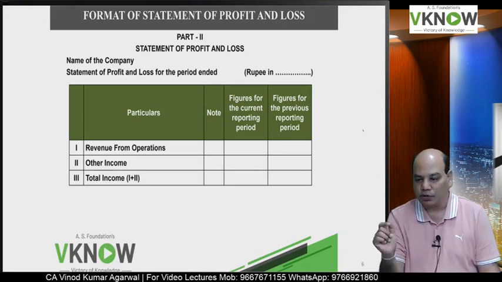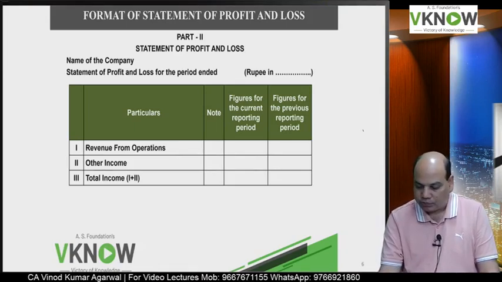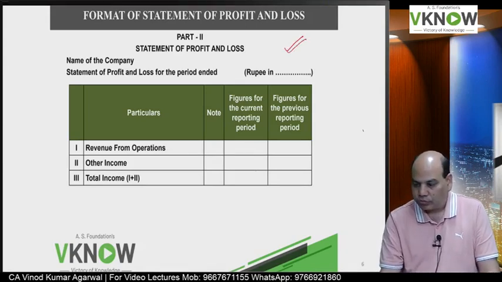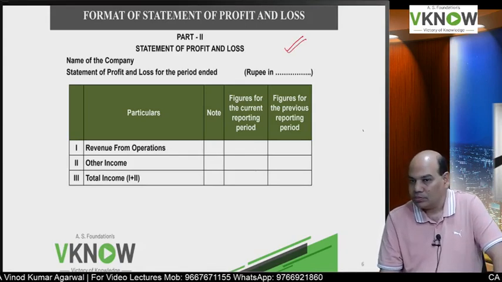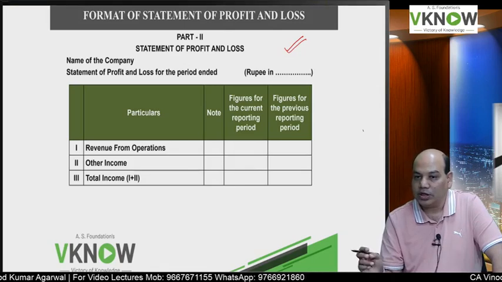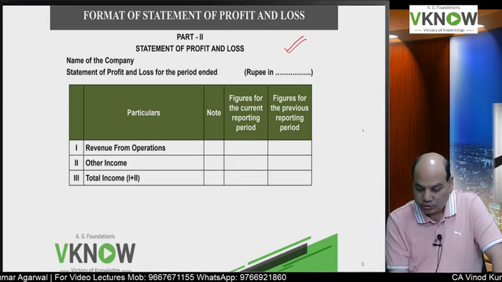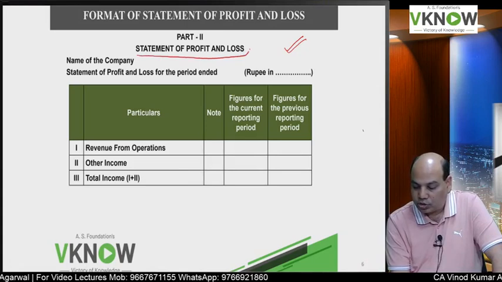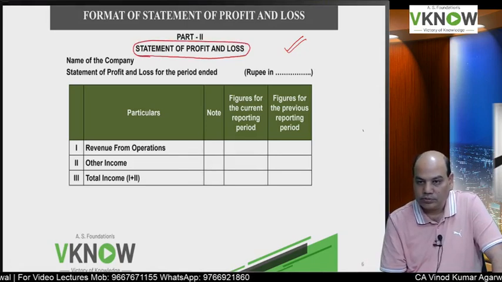Good evening everybody who has joined just now. First we'll see the format of the statement of profit and loss, which is very similar to, but not 100% same as, what you have learnt in intermediate division 1. We start with the heading, statement of profit and loss.